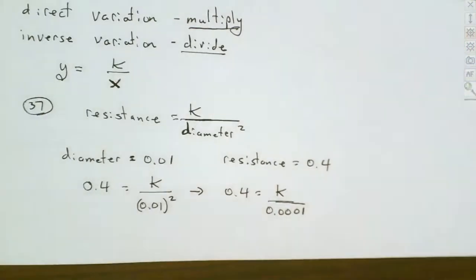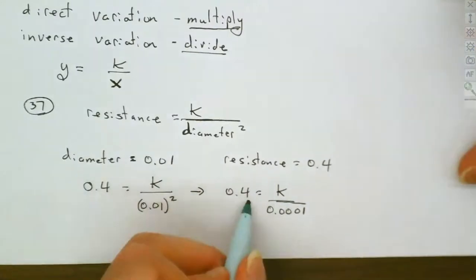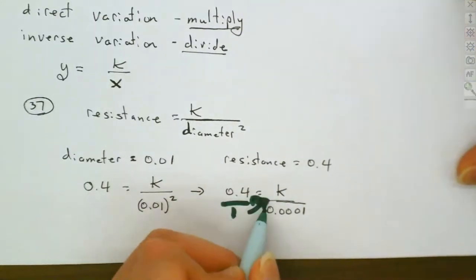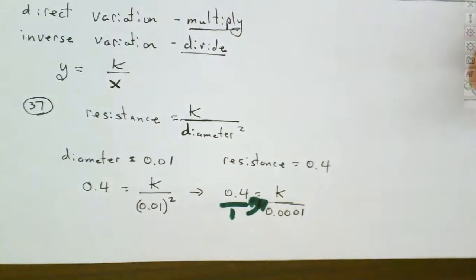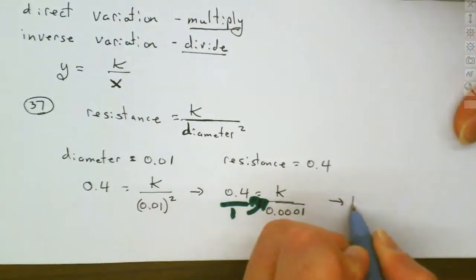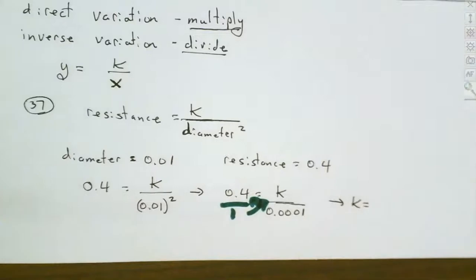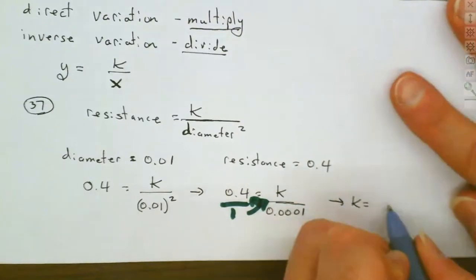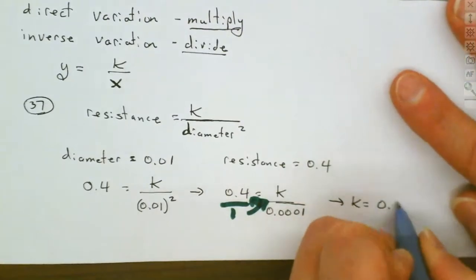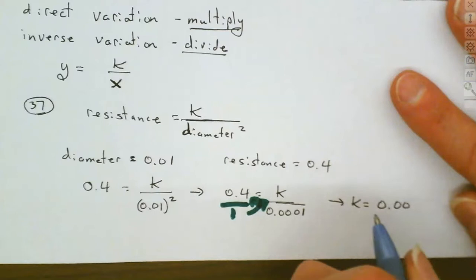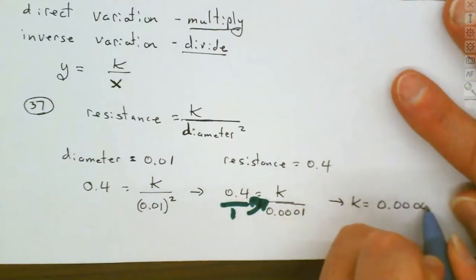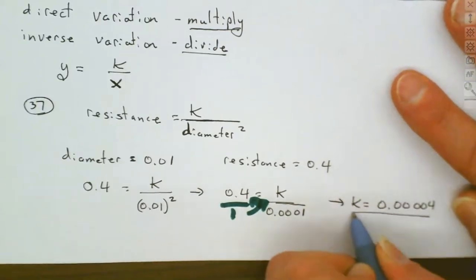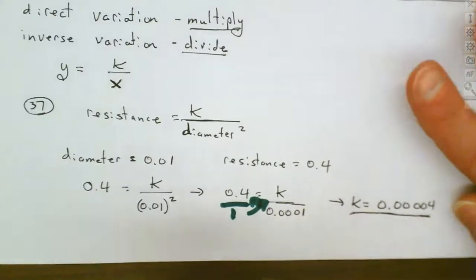And we're going to cross multiply to find our K. So we can cross multiply and we can find our K. And K looks like it's now going to be 0.00004. So there's our value of K.